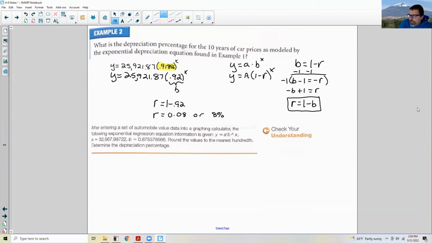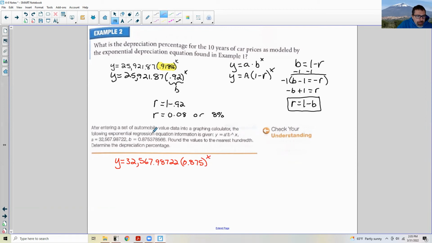So to check your understanding is going to be substitution. So all we're going to do is take y equals, and our A is 32,567.9872 times 0.875 to the x.